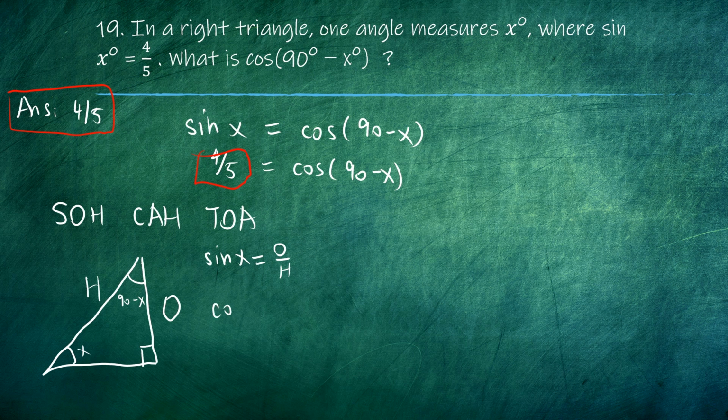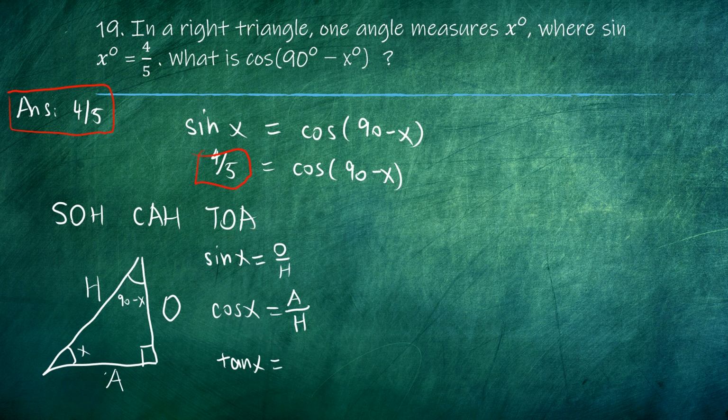And cosine of x is adjacent over hypotenuse. Adjacent is the side that's adjacent to the angle x, so we have A over H. And lastly, tangent of x is opposite over adjacent.